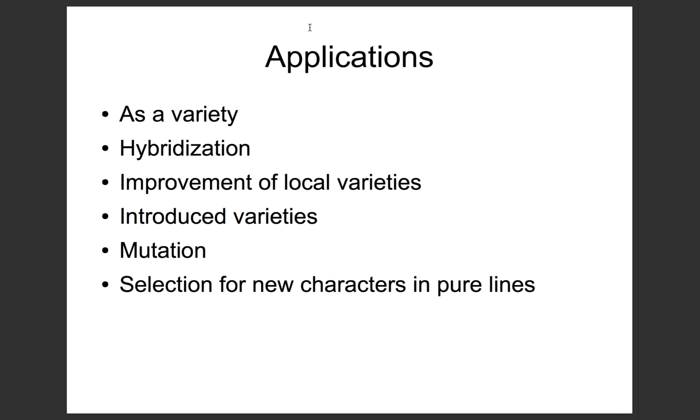That is, pure line selection can be used in the improvement of local varieties in order to induce homozygosity in the individuals. And then pure line selection can be operated on introduced varieties, and mutations can be conducted on the developed pure lines, or those mutated individuals developed through mutation can be subjected to pure line selection.